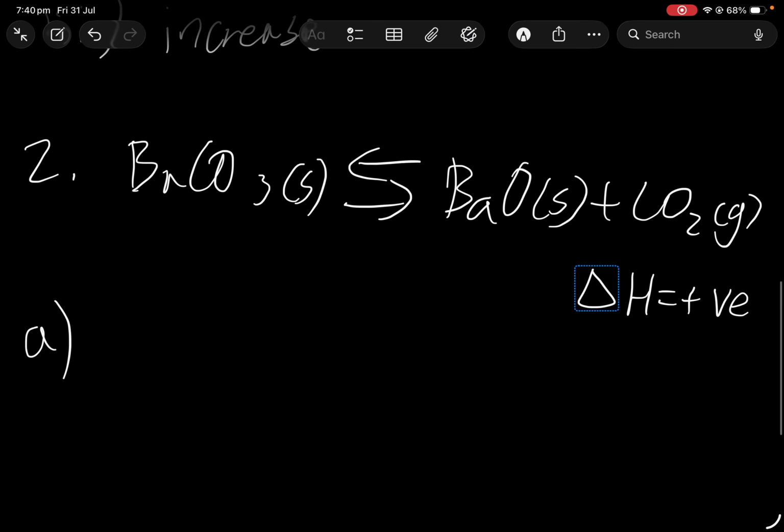Part A says predict the effect on the rate of the forward reaction during the following change. Barium carbonate is ground up more finely. So more surface area, greater rate of reaction, so it will speed up.